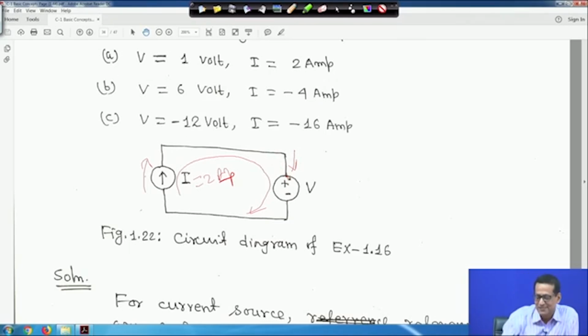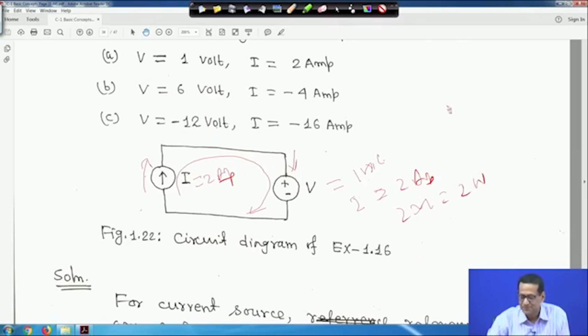That means the voltage source actually absorbs power, because it is entering into the positive terminal. The voltage is 1 volt, and I is given as 2 ampere. So, it will be 2 into 1, that is 2 watt power absorbed by the voltage source.